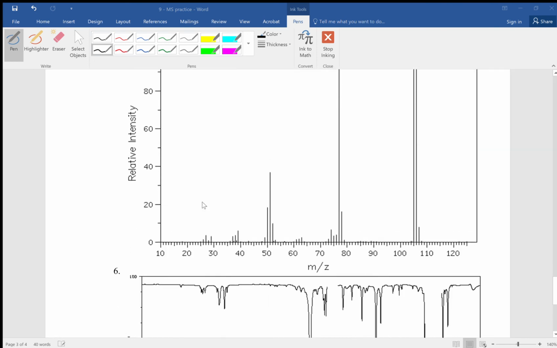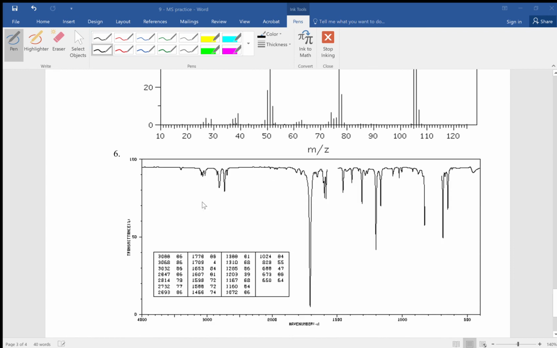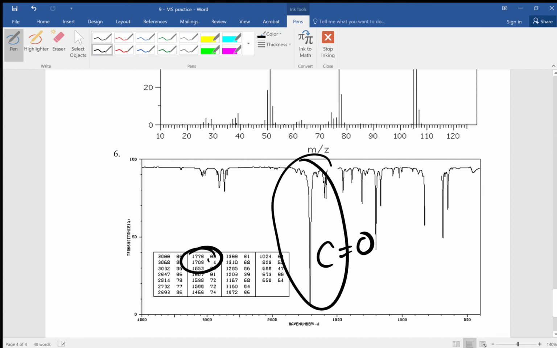And finally, we have one more. The first thing that I see in this spectrum is we have a carbonyl. Most likely a ketone given the 1709 wave numbers for it.